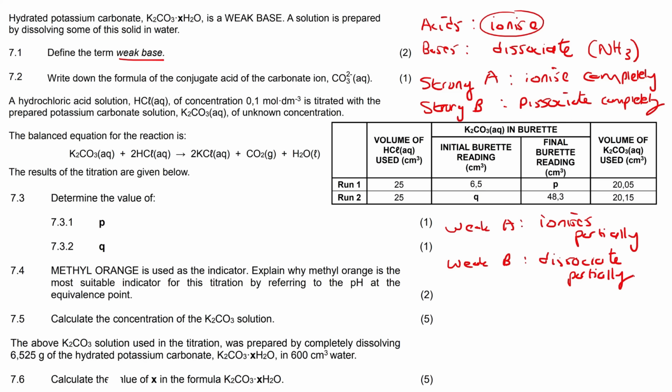Okay, now we also know that when acids ionize in water, they produce H3O+, hydronium ions.